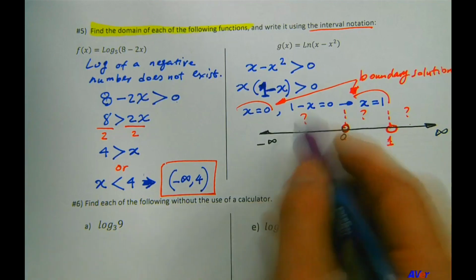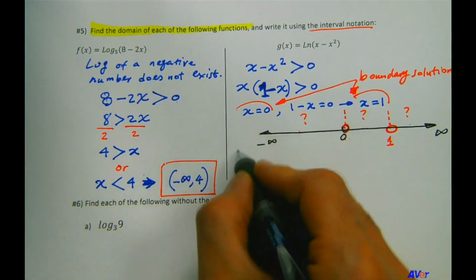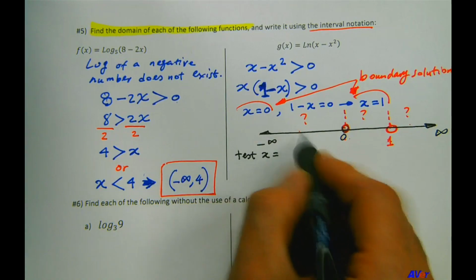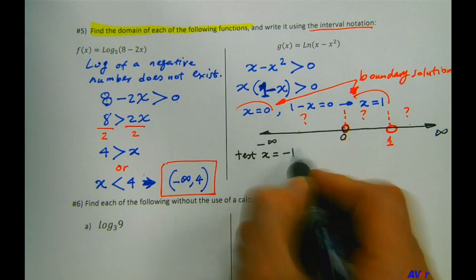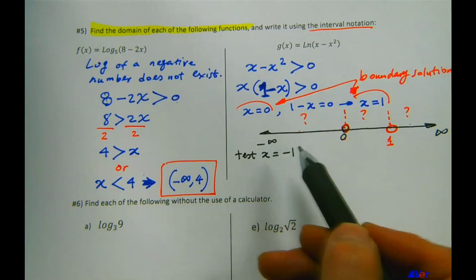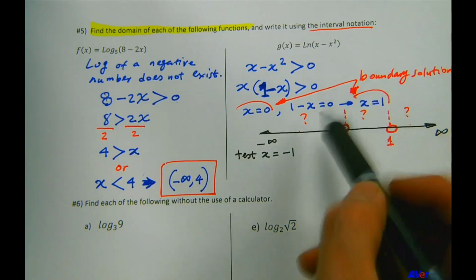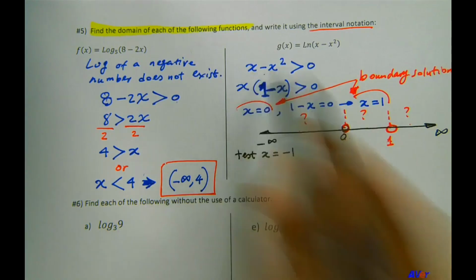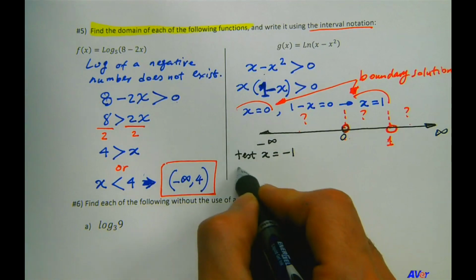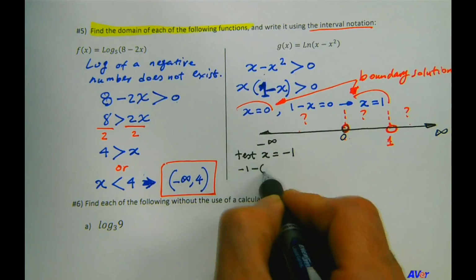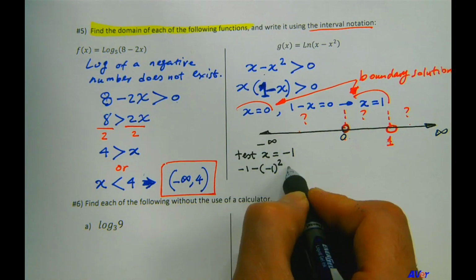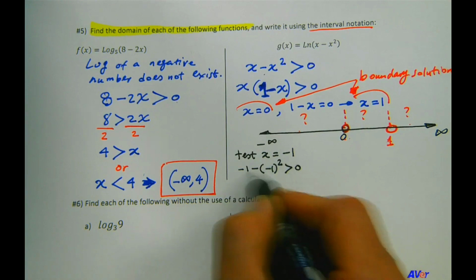So I'm going to test the number in this region. So test x equals -1. I'm going to plug that in this inequality. Okay. -1 minus -1 squared.